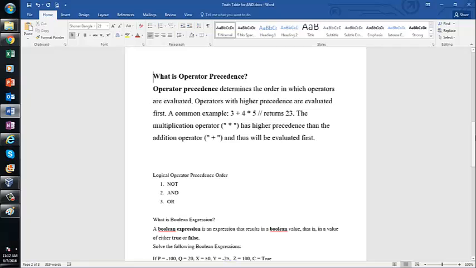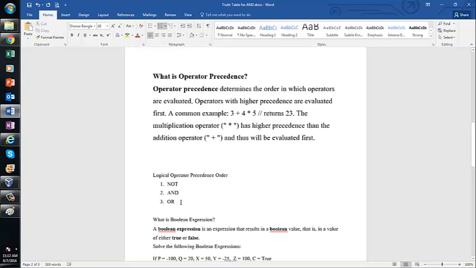Okay. Now take a look in terms of logical operators. The operators that we are using in our expression have a precedence. The order of precedence the logical operators maintain is not, and, or.